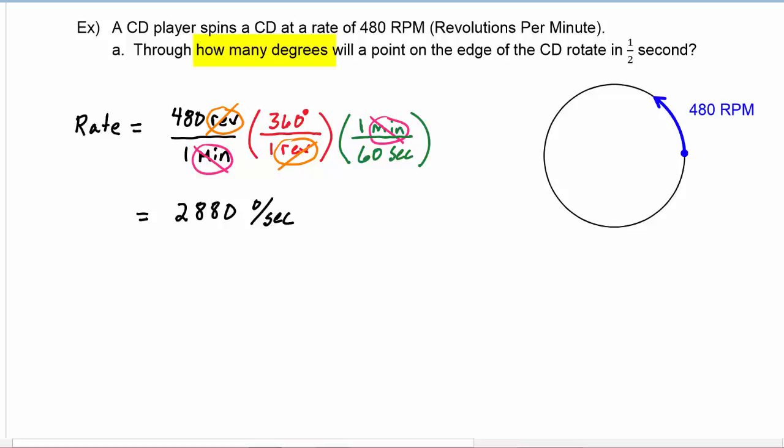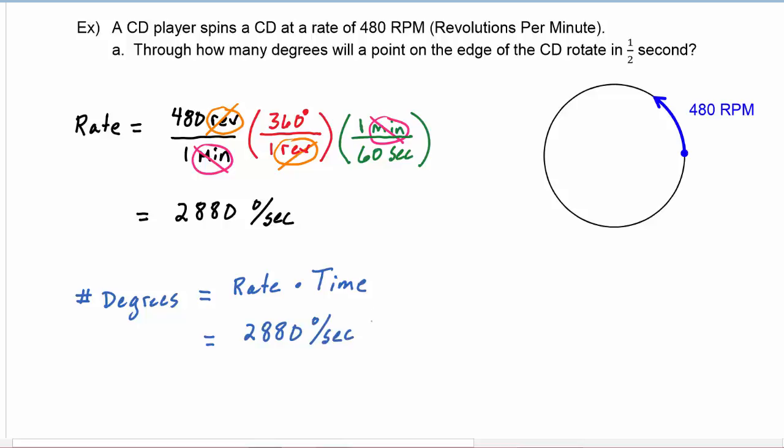So that's where the unit of time will come in. So now the number of degrees is going to equal the rate times the time. So we have 2,880 degrees per second that we're going to multiply by 1/2 second.